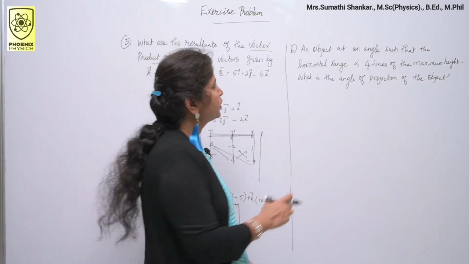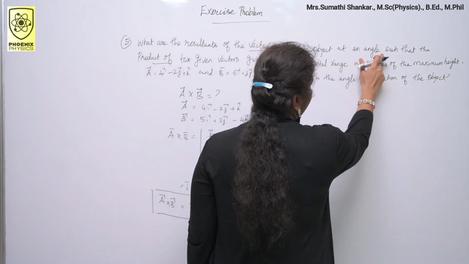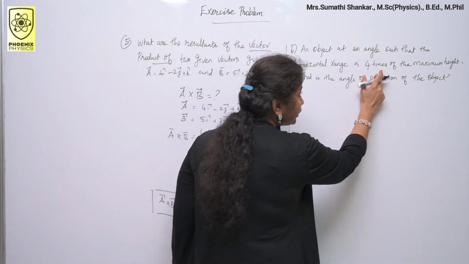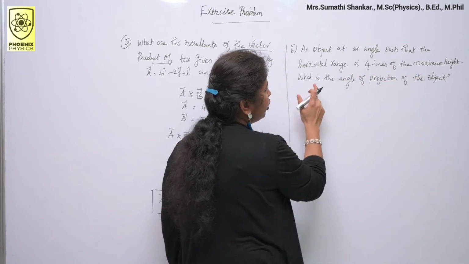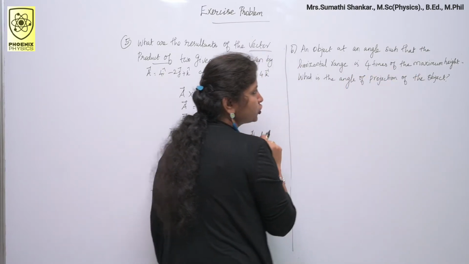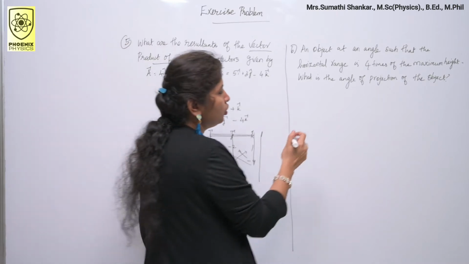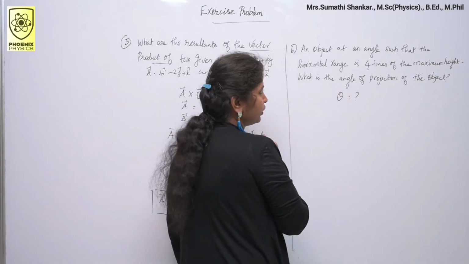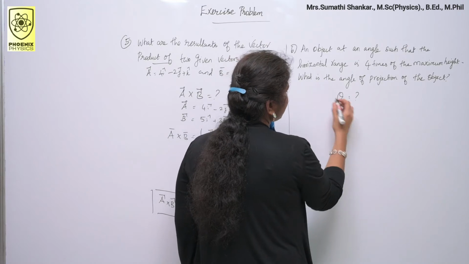Problem number 6. An object is projected at an angle such that the horizontal range is 4 times the maximum height. What is the angle of projection of the object? What they asked is the theta value we have to find. Then what is given?